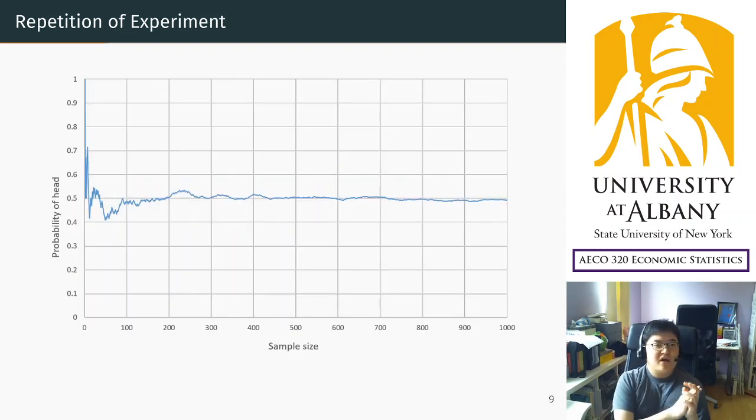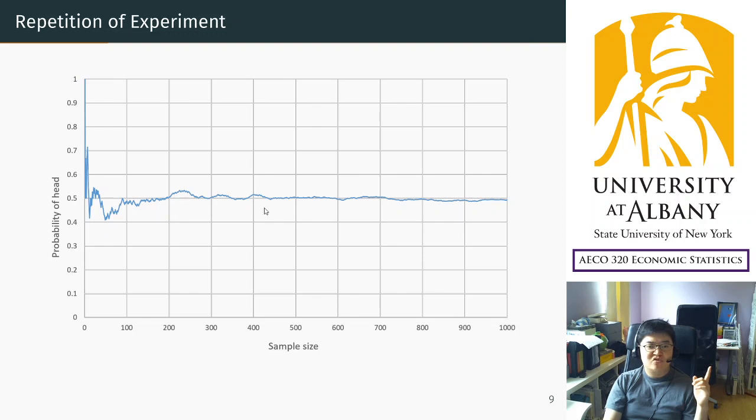And look at this. This is simulated. I simulated a coin toss on Excel. If you throw a coin once or twice, the probability of head fluctuates a lot. When you toss one coin, the probability is either 100% or 0%. And then it fluctuates a lot. As the repetition increases to 1000, it approaches 0.5.